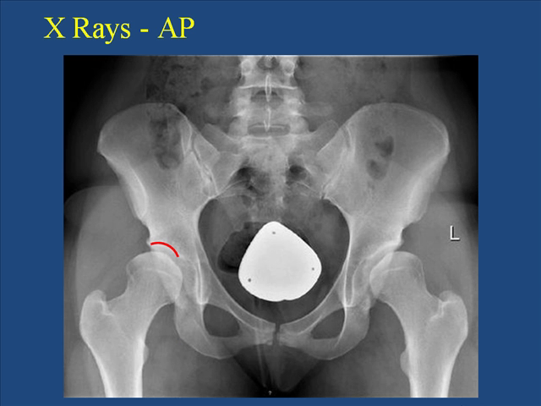This is the sourcil, which is the weight-bearing area of the acetabulum, the posterior acetabular rim, and this is the anterior acetabular rim. Normally the anterior is more medial than posterior. And you have the teardrop, which, as we know, is a virtual line seen on the X-ray.